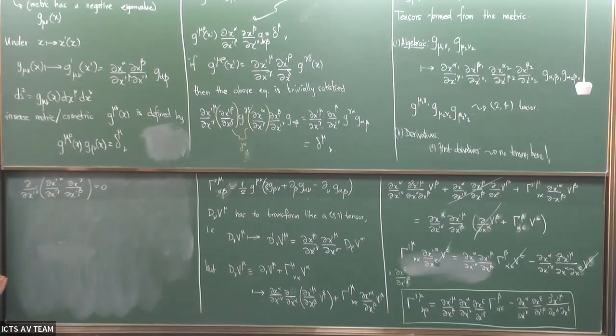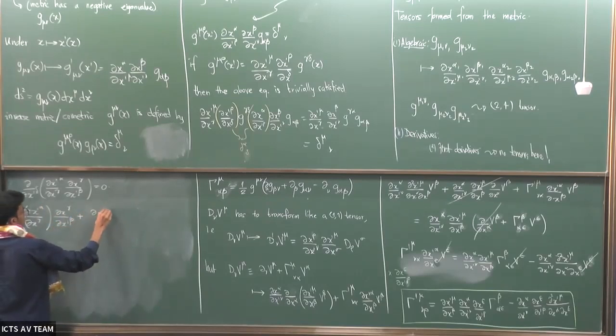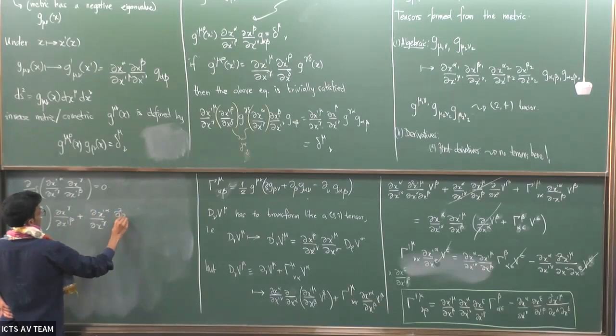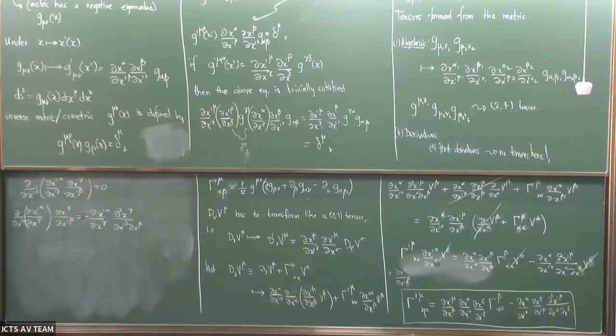So here, what will I get? I will get gamma. What is this bit?